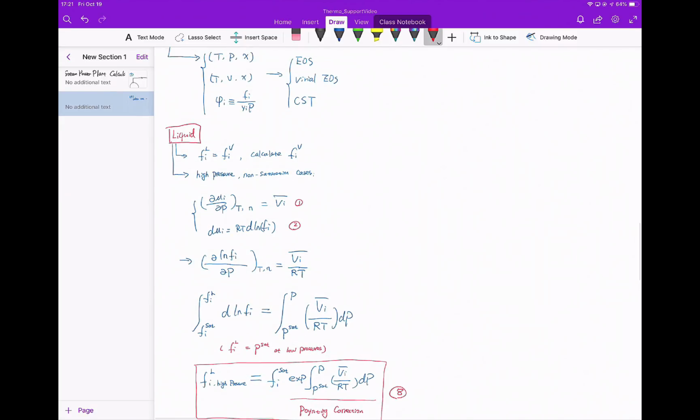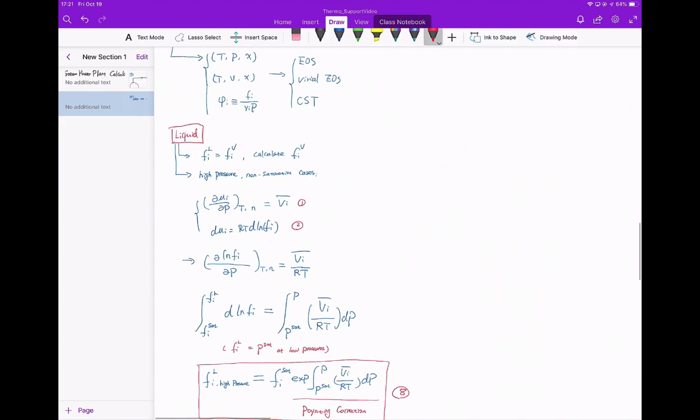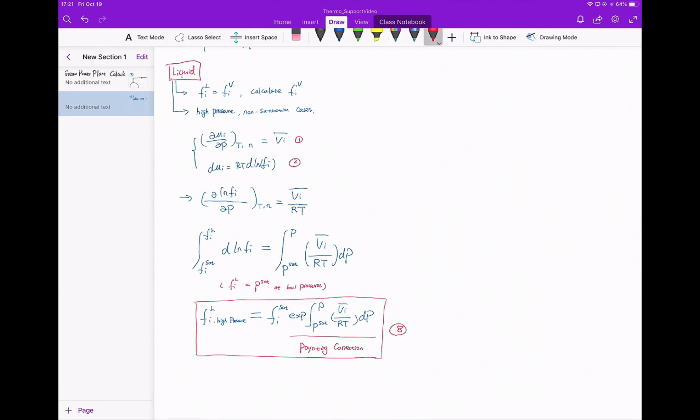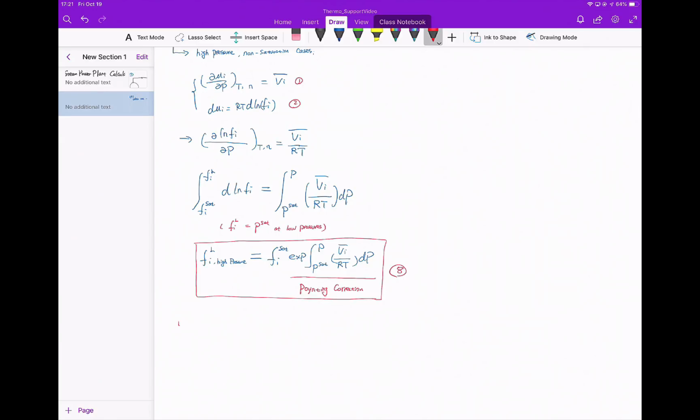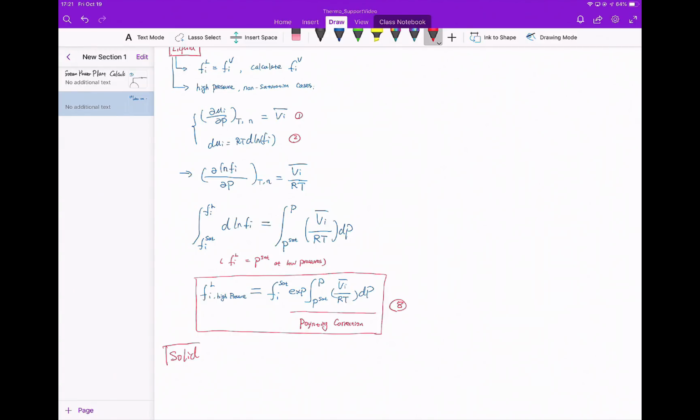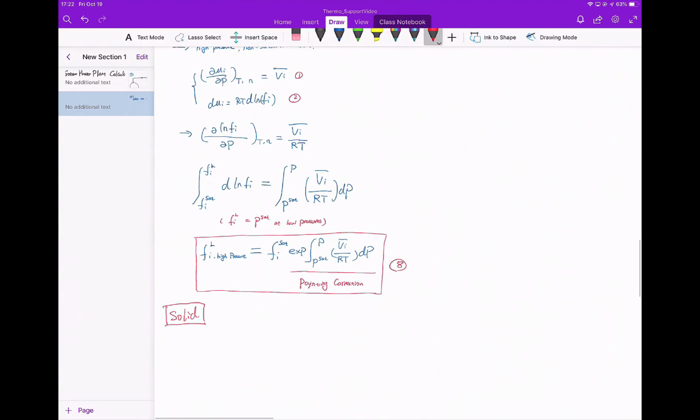Solids. For solids, usually we're not that interested in solids for the following reason.